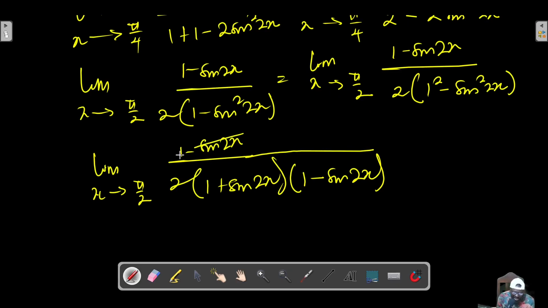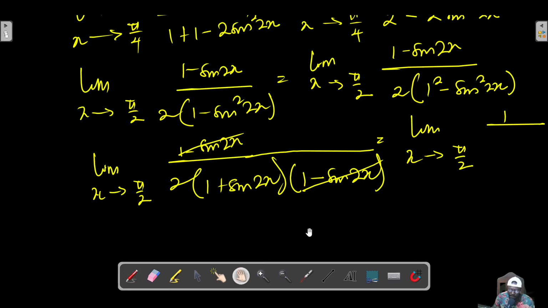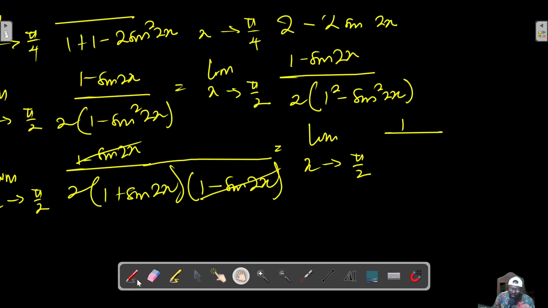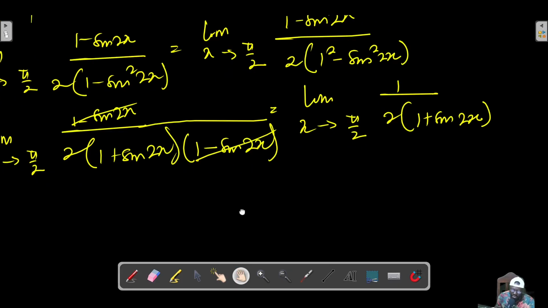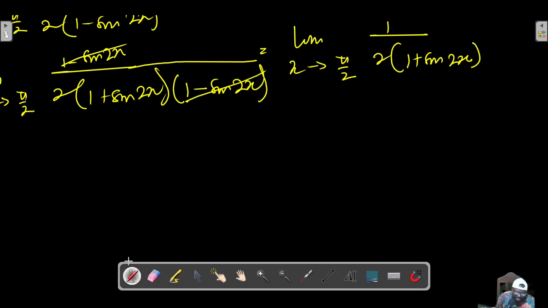Now you realize this cancels this. So we end up with limit as x approaches pi on 2 of 1 over 2 multiplying 1 plus sine 2x. So from here, it is so simple.